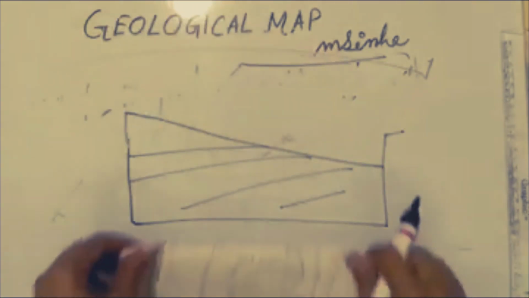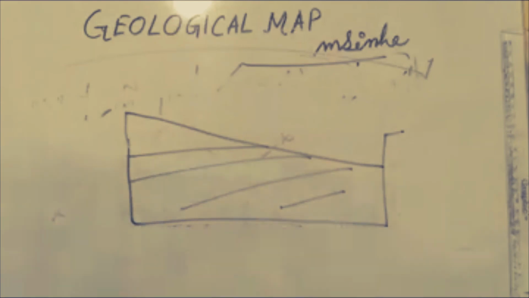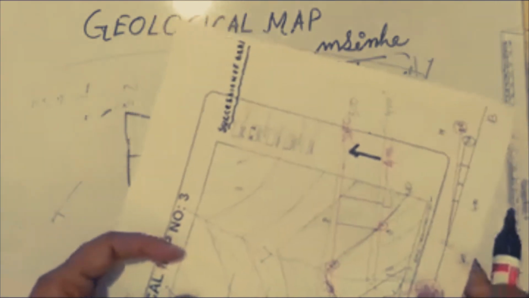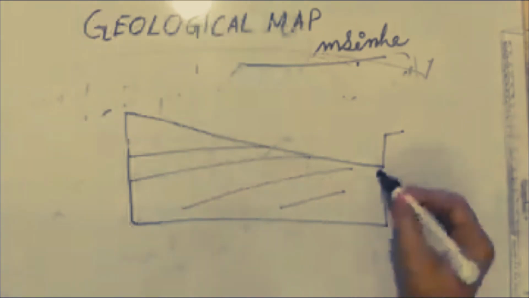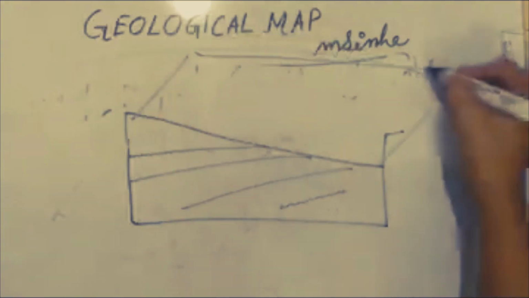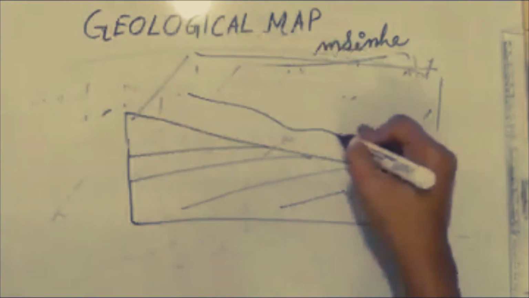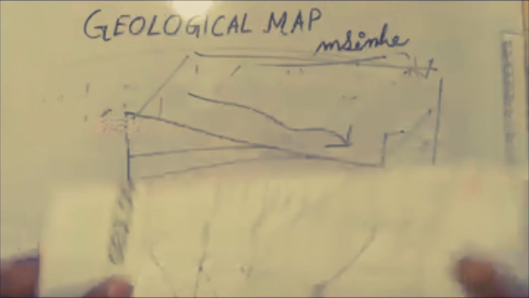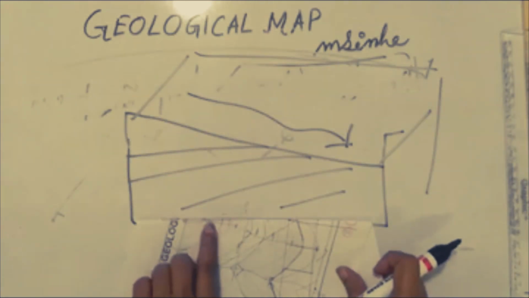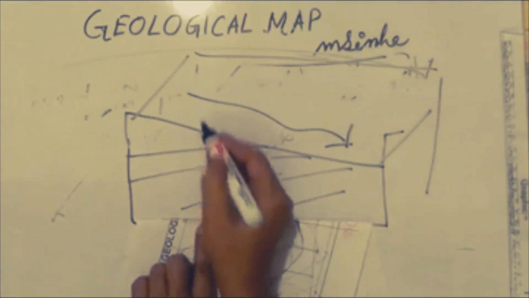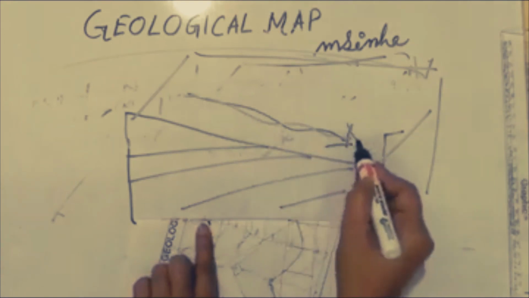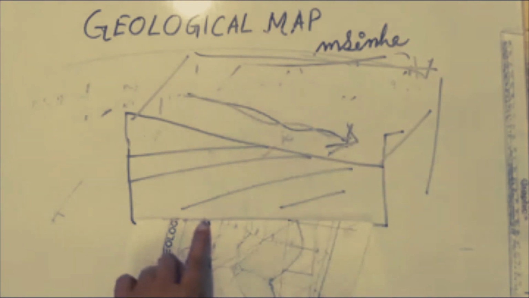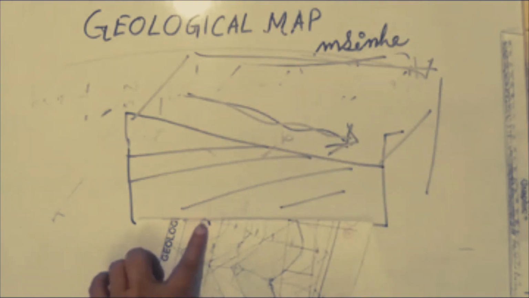This is the section line. Along the section line you can get one river. Think of it in 3D: if you pour water, water will come in that direction. So fold it and think along the section line. One river line comes into the point.